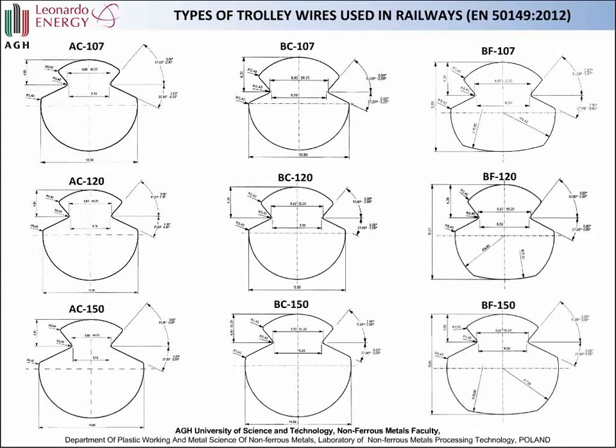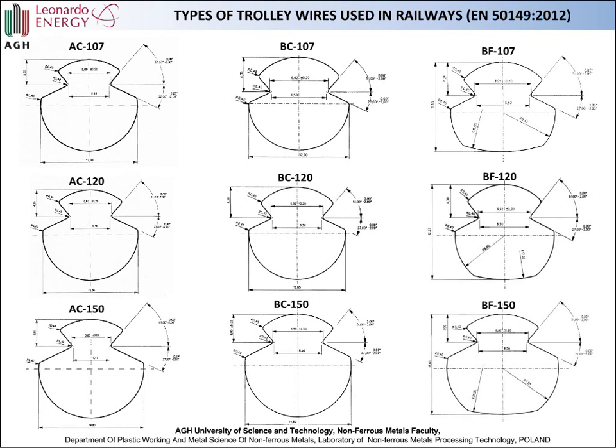The European standards show three main types of contact wires: the geometry of contact wires with names starting from the letter A, and starting from the letter B, which actually has two types, BC and BF. Generally, the geometry is more or less the same.